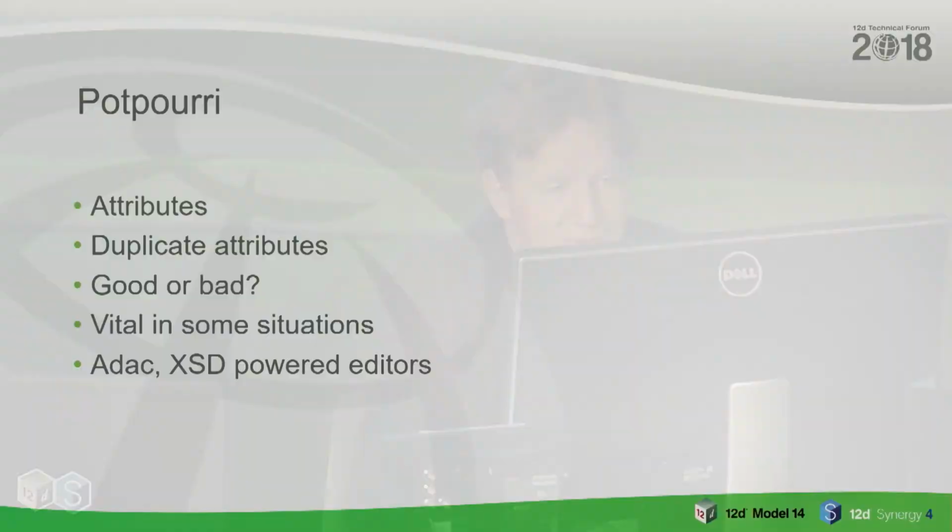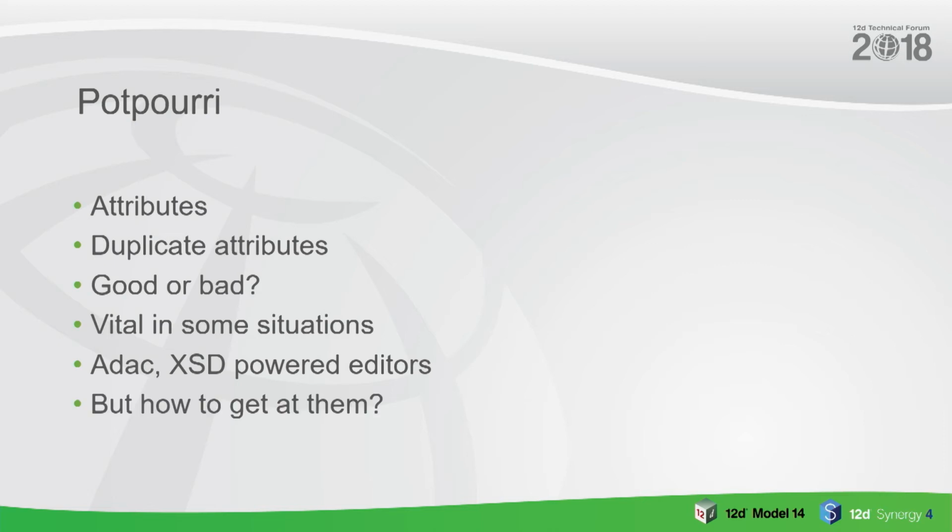More about attributes. Duplicates. Good or bad? Well, they're vital in some situations because ADAC supports duplicate elements. So under their manholes node, they have manhole, manhole, manhole, manhole. They're duplicates. XSD powered editors, they duplicate attributes. But how to get at them?